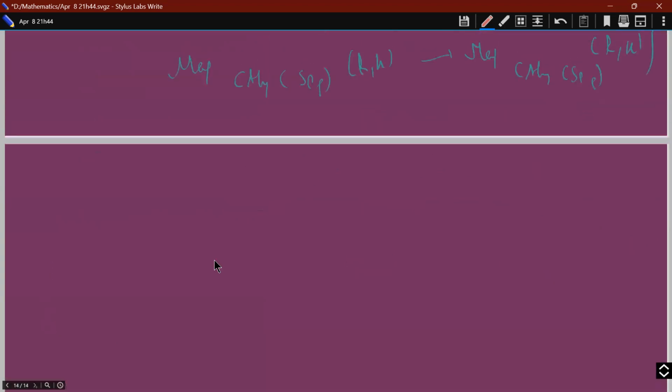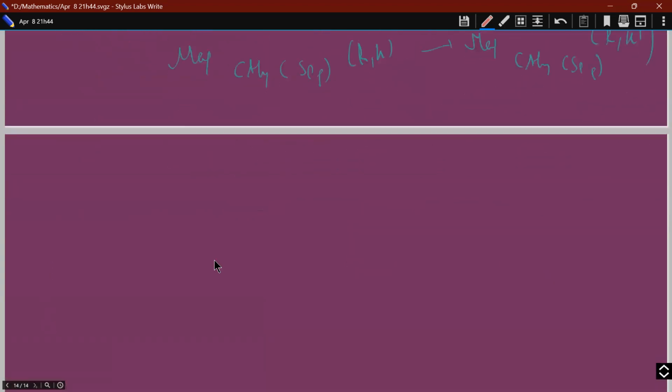But the thing is that we have an analogous description of, so we have the following lemma.